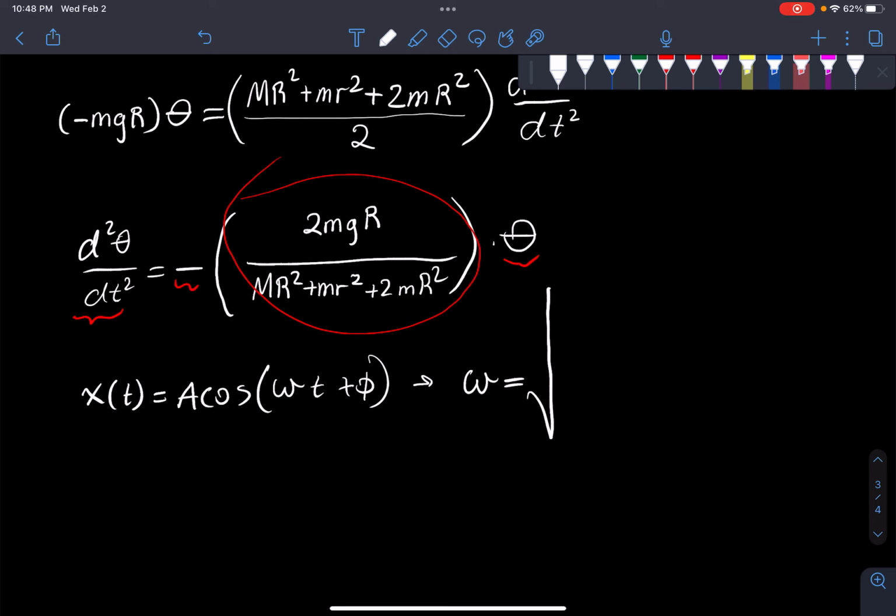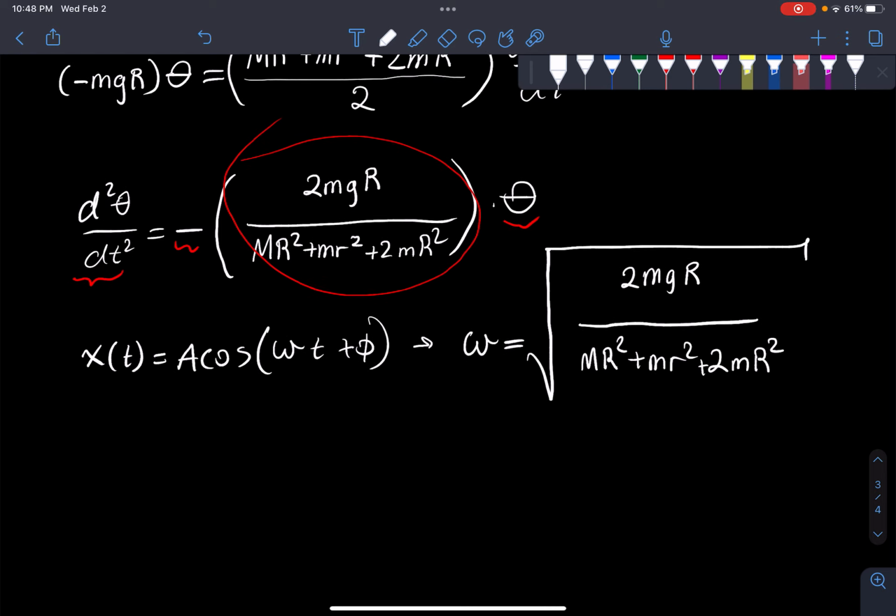That's 2mgr divided by capital M, capital R squared plus little m little r squared plus 2 little m big R squared.